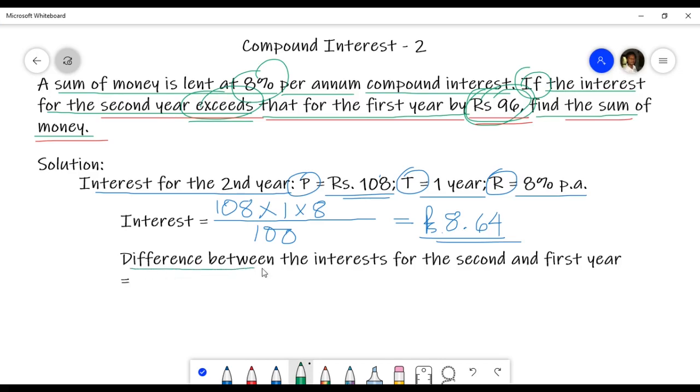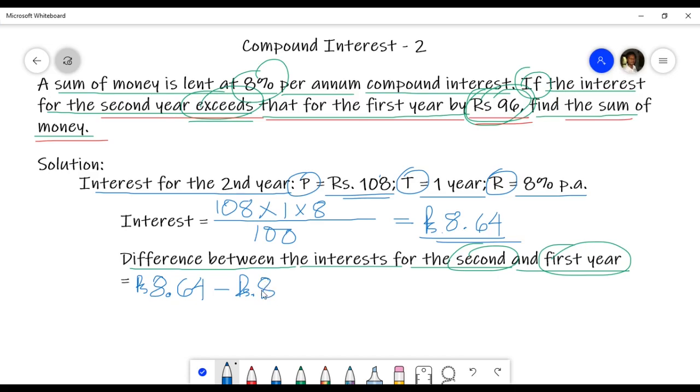Now what do we have to find? The difference between the interests for the second and first year. So we'll just subtract the interest for the first year from the interest for the second year.